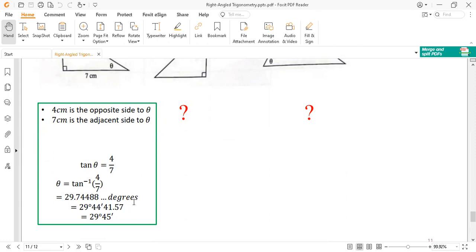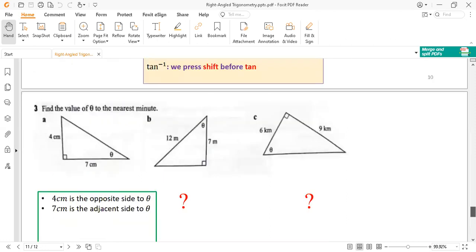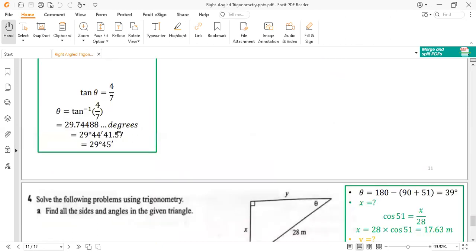29.7448 degrees. But they ask us to find the correct value of theta to the nearest minute. Using the bottom right button to convert to minutes and seconds, we obtain 29 degrees, 44 minutes and 41.57 seconds.